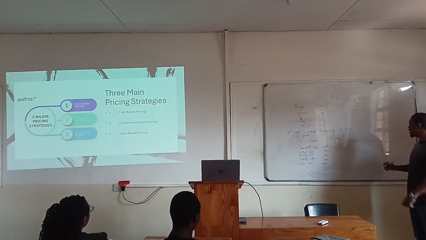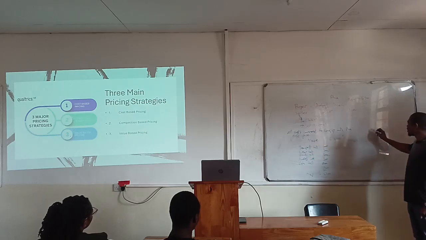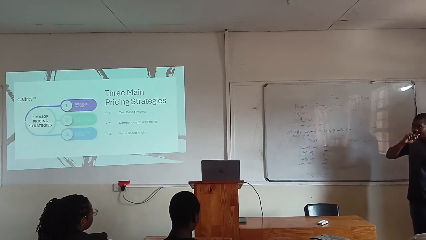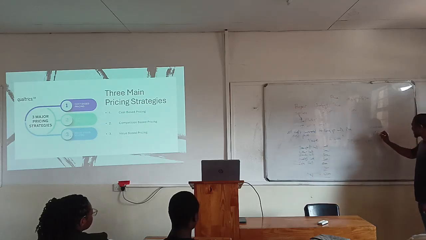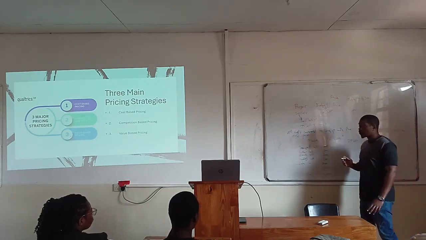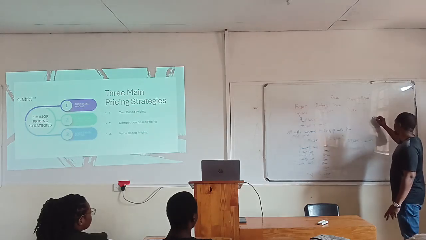Okay? So you find that Sebastian is doing the same blouse at 8,000 and you are coming into the market, you are going to set your price marginally close to this, like let's say 8,100 or even 7,900. Okay? Are we clear there? So Sebastian here is your competitor.